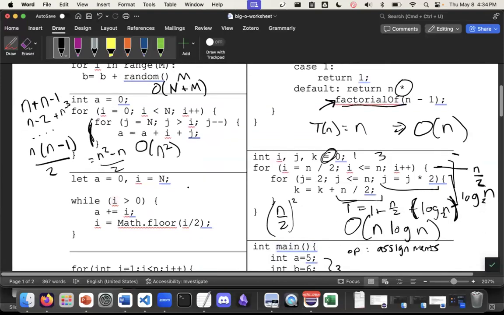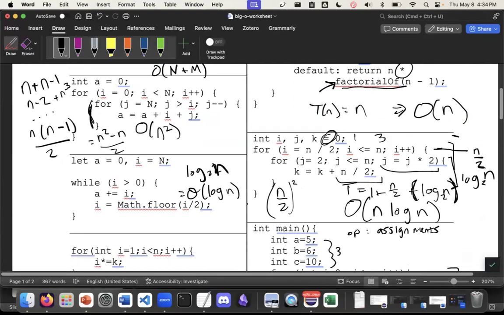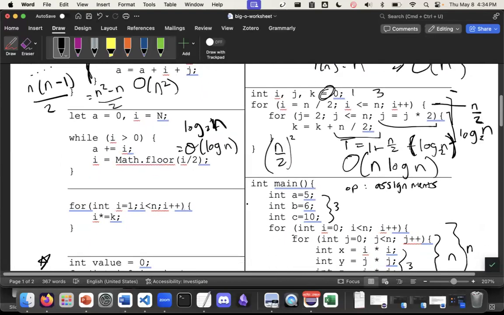This one actually ends up being a case of log base 2 of n, which is just O of log n. Let me see what this one is.